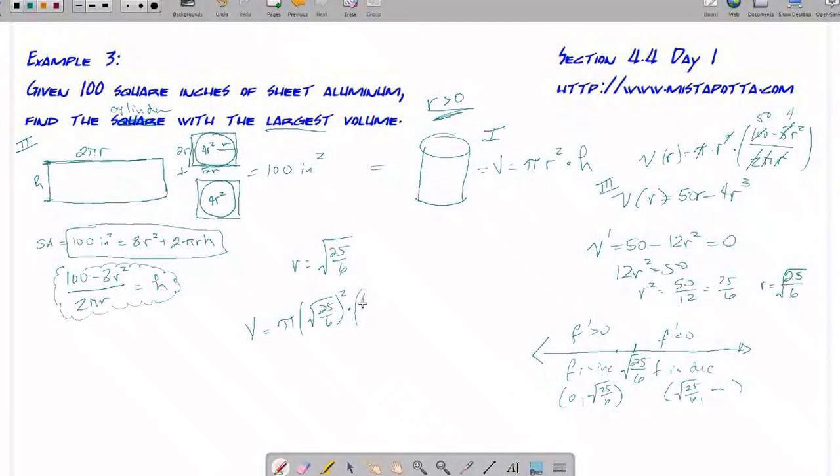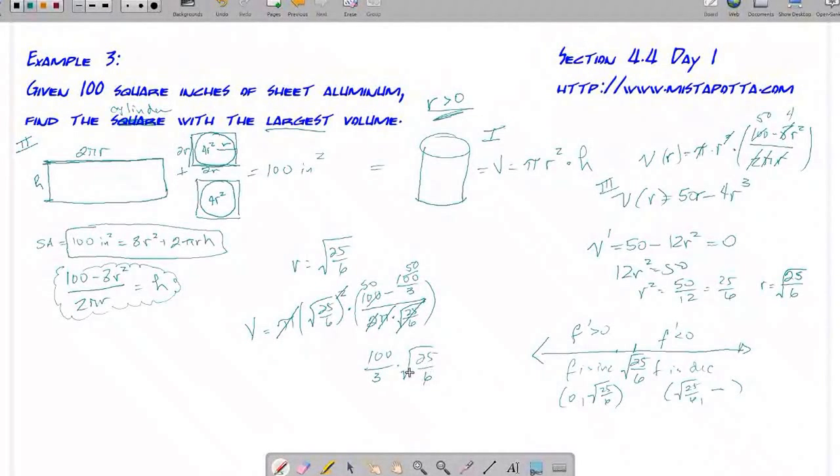So this is really 100 minus 100 thirds over 2 pi times r is root 25 sixths. And I see some things happening here. Of course, I see my root 25 sixths divides out here. I see that this pi divides out here. And this 2 really goes into 50 and 50 thirds. So I've got 50 minus 50 thirds, which is 100 thirds, times the square root of 25 sixths.